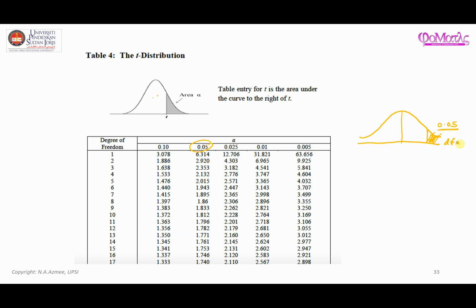Now degrees of freedom is going to be 6 minus 1. 6 is the number of subjects minus 1, so degrees of freedom is equal to 5, and therefore the critical value is this one. On the positive side, the critical value is 2.015, and since this is symmetric, if you have the same area of 0.05 on this side, the critical value for this is going to be negative 2.015.